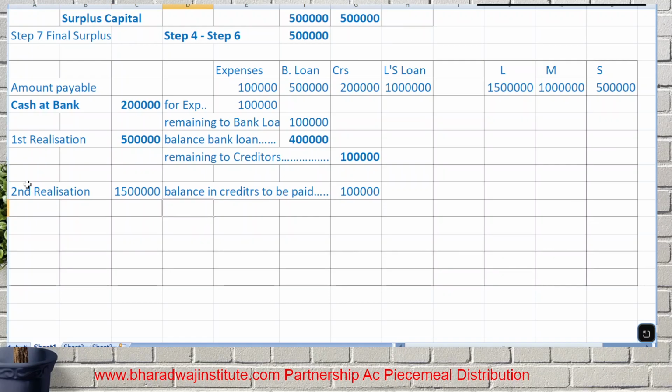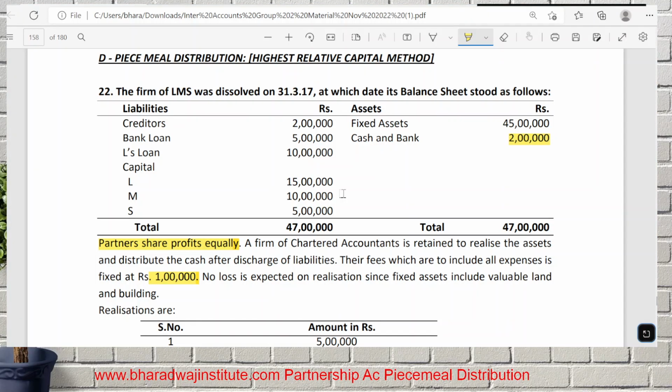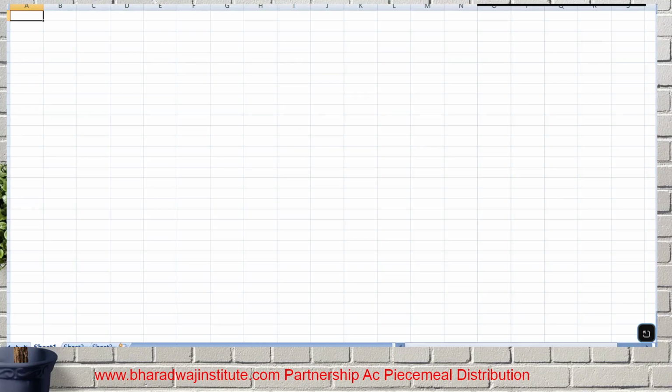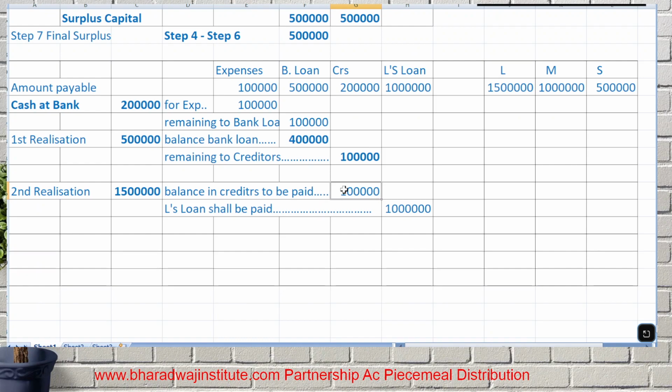Then L's loan shall be paid. How much of L's loan will be paid? 10 lakhs. So out of 15 lakhs, 1 lakh and 10 lakhs are paid.